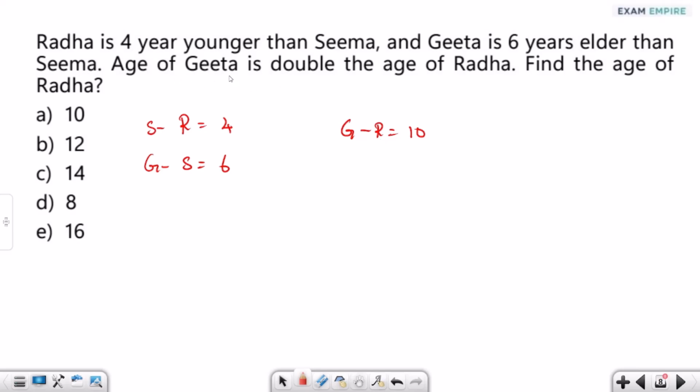Since Geeta is 2 times Radha, 2R minus R is 10. So Radha's age is 10. The answer for this particular question is 10.